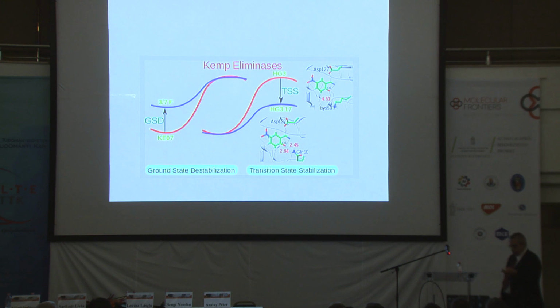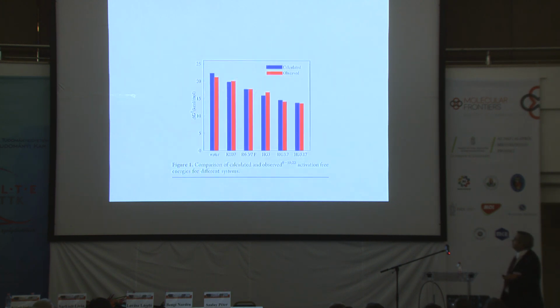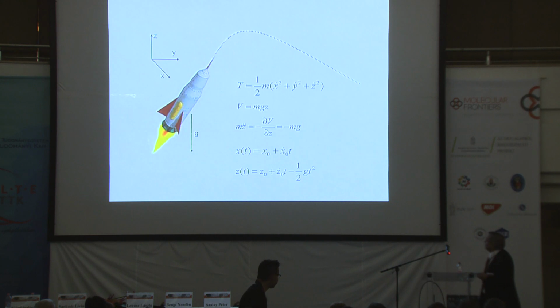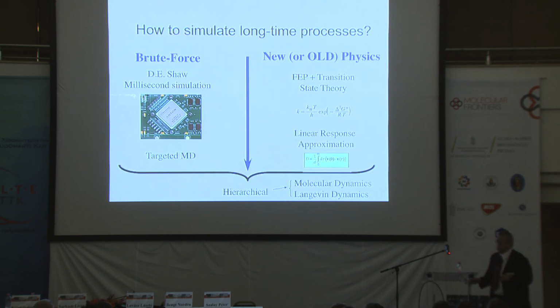Okay, so now I will move to a much easier issue, which is the ATPase and other motors. So let's say that we want to model a more complex system, this very large molecule, ATPase or GPCR or something else. Now, if we have a small system, we could model it by regular molecular dynamics.